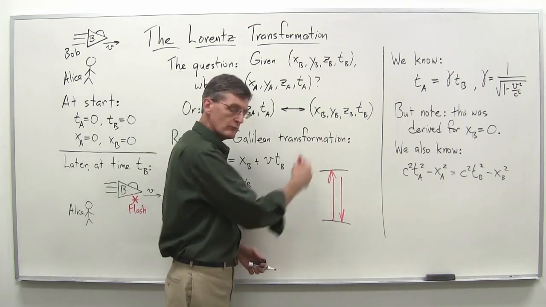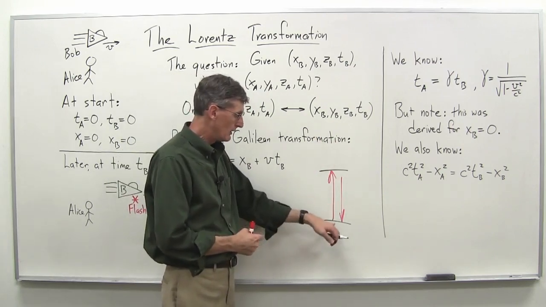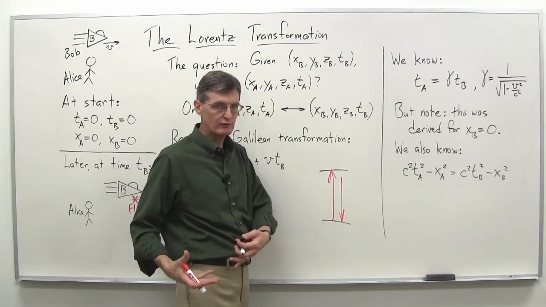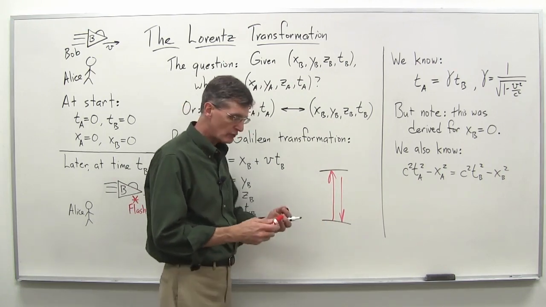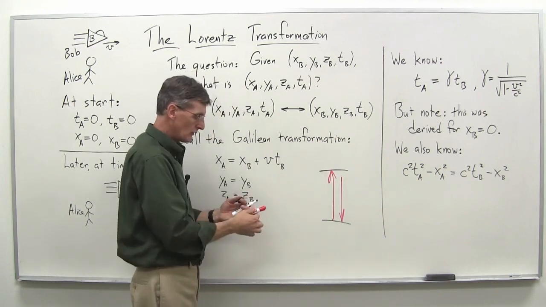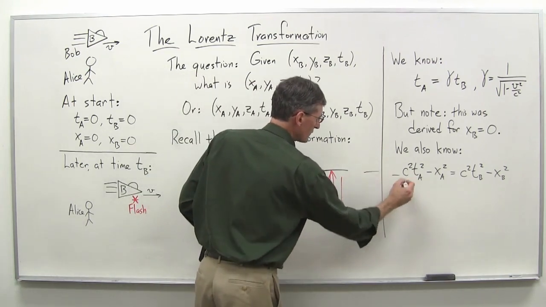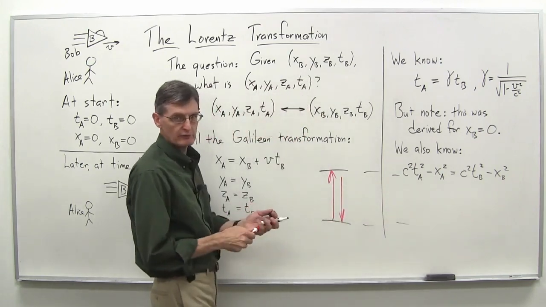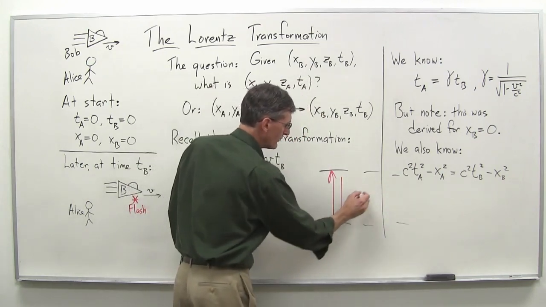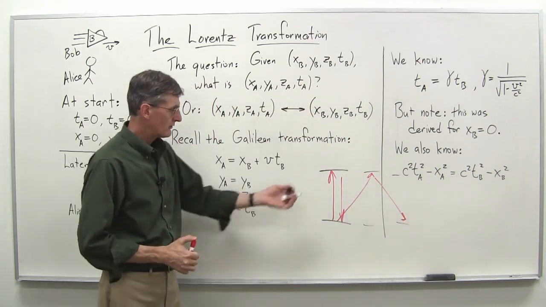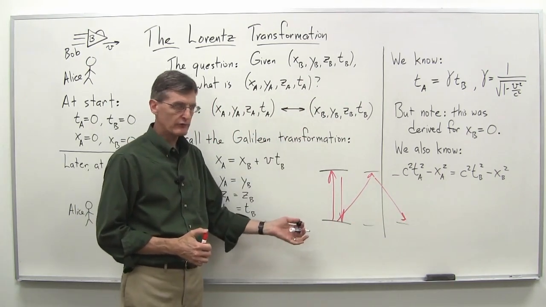The light pulse going up and down is occurring at the same place all the time. Bob's just got his clock right next to him there. It's Alice observing it, of course, moving along, so that as Alice sees it moving here, we get the familiar triangle effect. So Alice sees it going like this. But to Bob, all this is happening at xb equals 0.